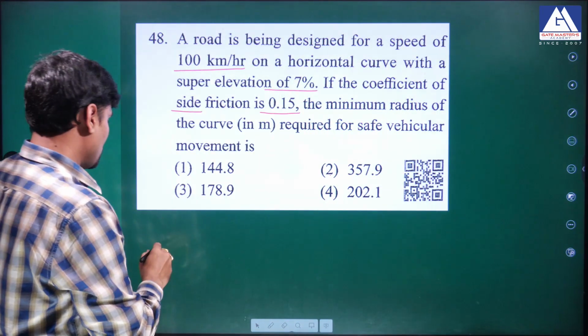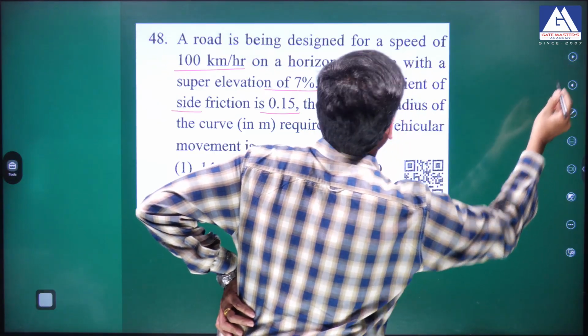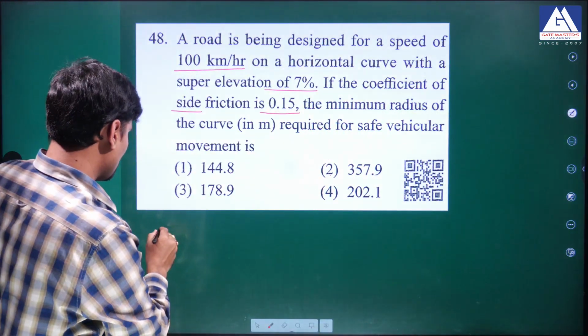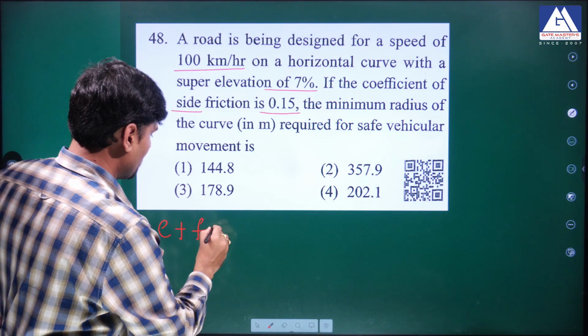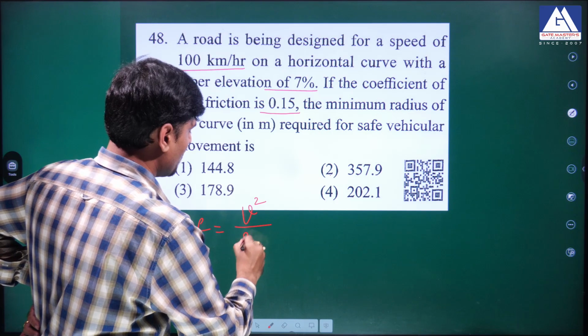What is the super elevation equation? The super elevation equation is e plus f is equal to V square by gR.